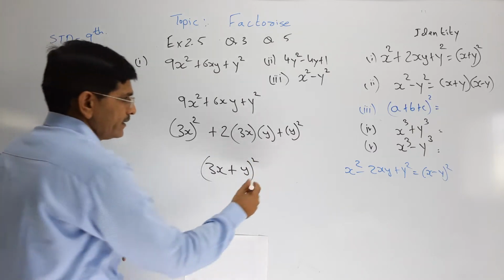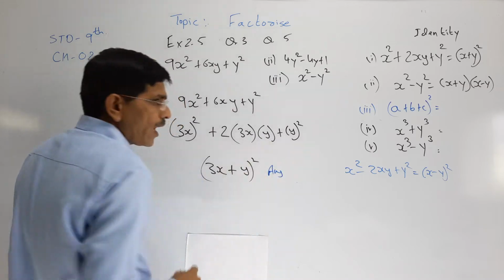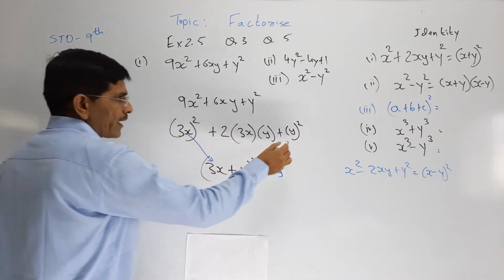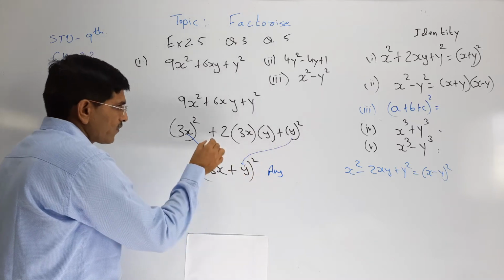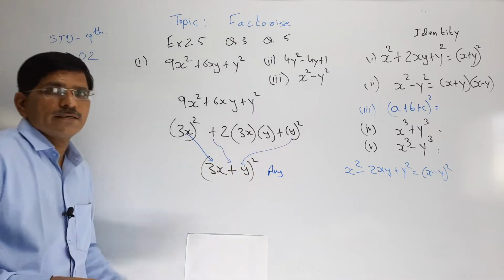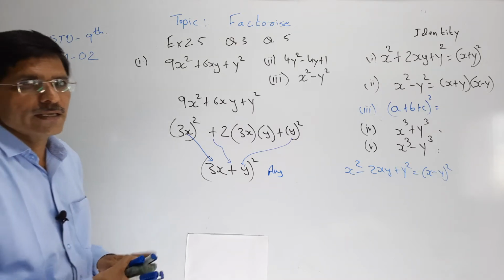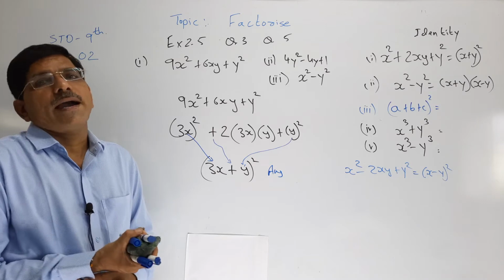Again I explain how to take the answer. From here put 3x, from here put y, and from the middle term put the sign here. The sums are very easy, we just have to follow the identities.